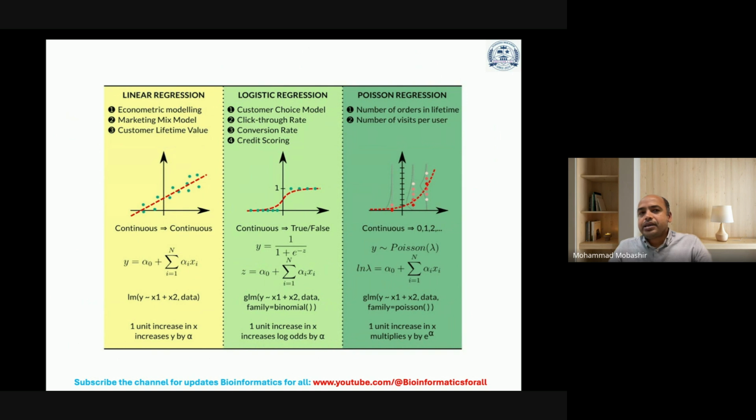Linear regression is used in econometric modeling, marketing mix models and customer lifetime value, and it is continuous. The equations are quite simple: a 1 unit increase in X increases Y by alpha.